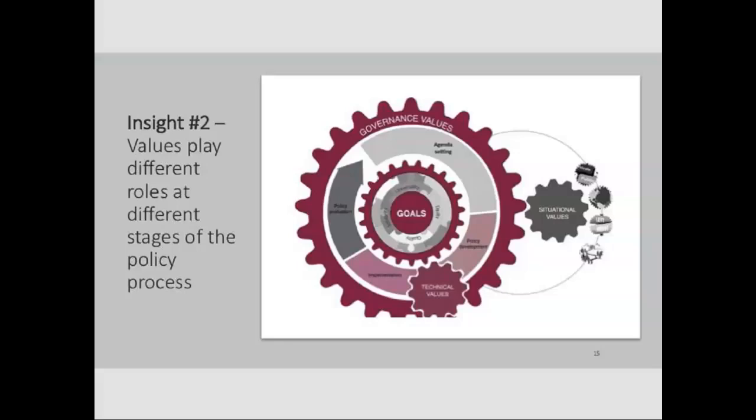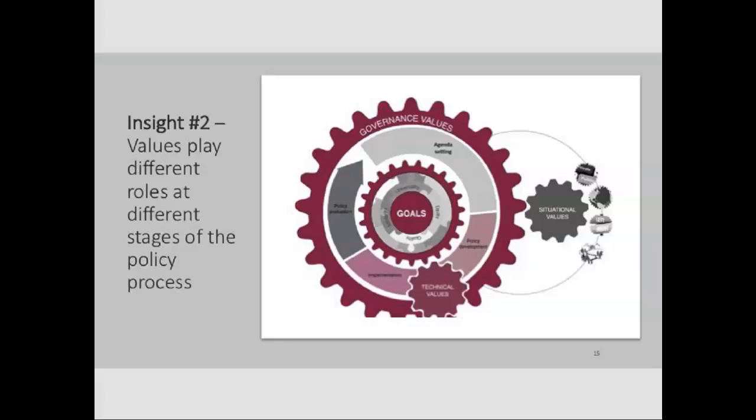And then we have in this framework the stages of the policy process: agenda setting, policy development, implementation, and policy evaluation. We have another category of values that are technical values, which help to make decisions sustainable, accountable, and to evaluate the effectiveness of those decisions.